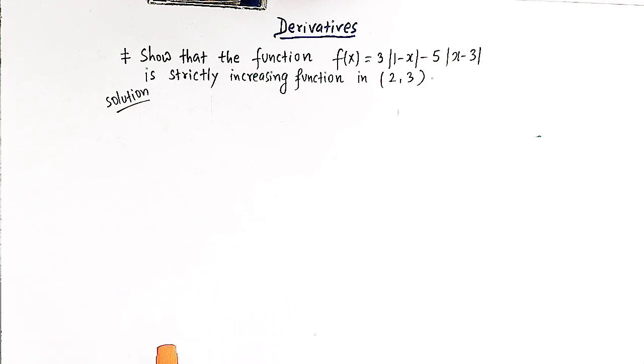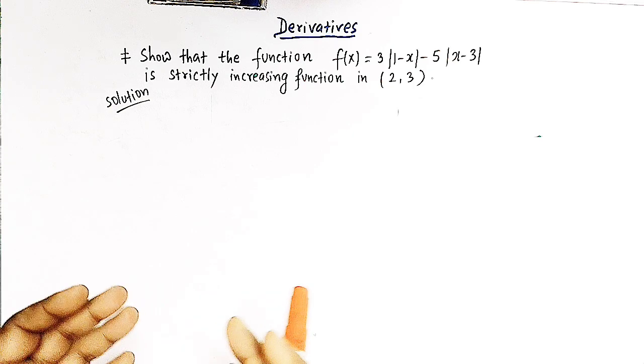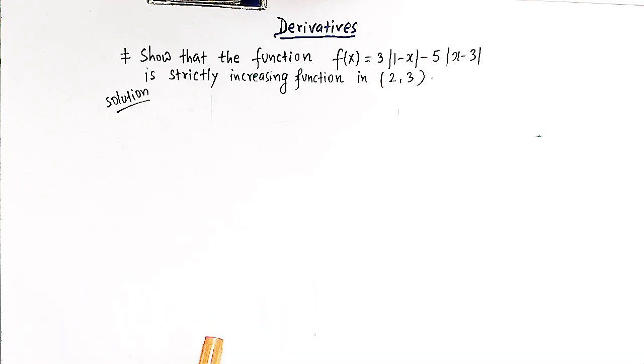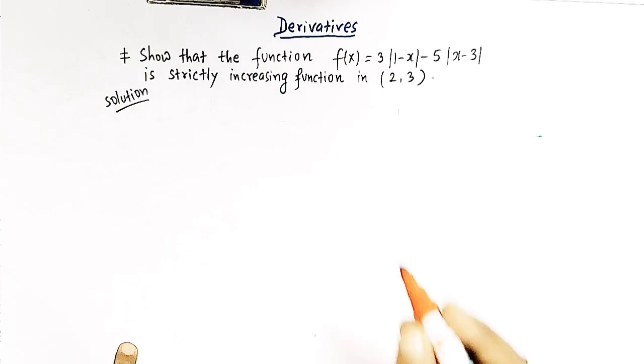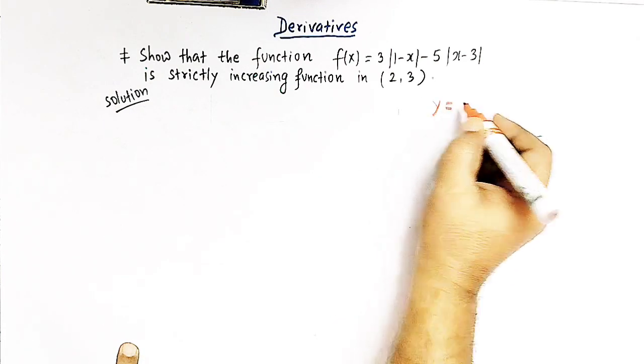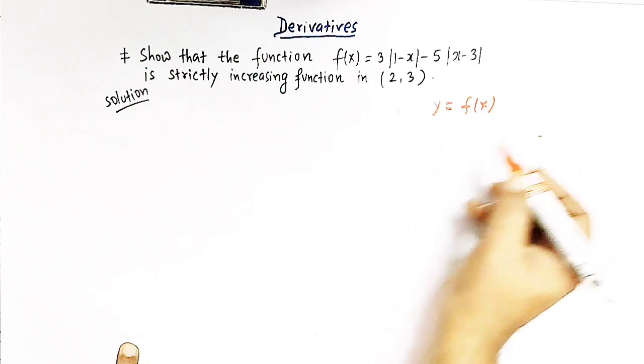So we have already solved these type of problems in our earlier videos, and we have already discussed the concept of increasing and decreasing function in detail. But here let us quickly see the definition of strictly increasing function. Now see, if we have a function, say y is equal to f of x, right?